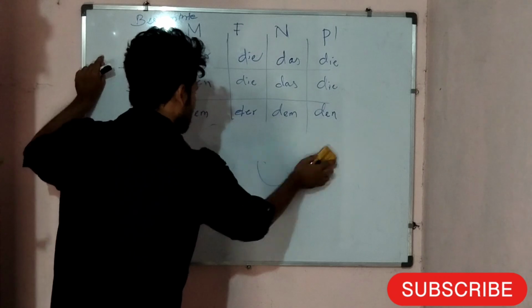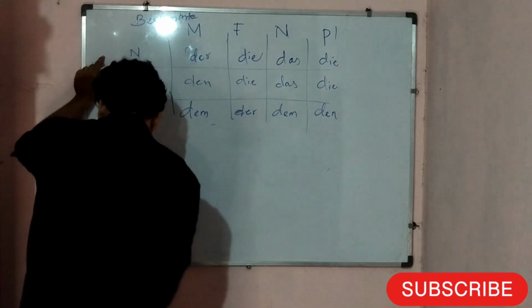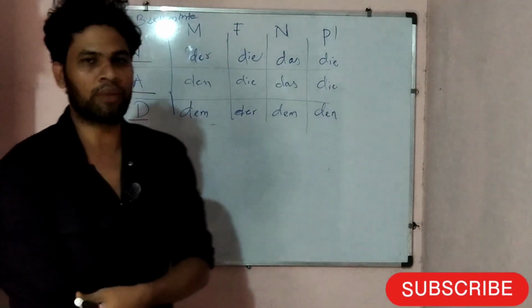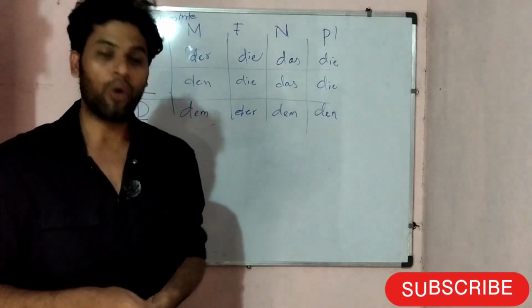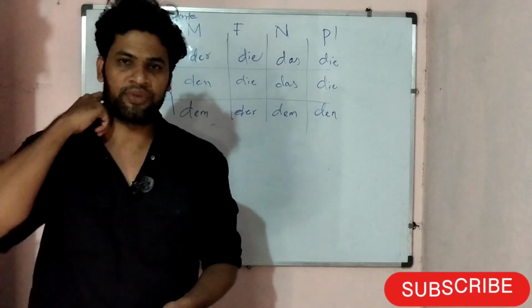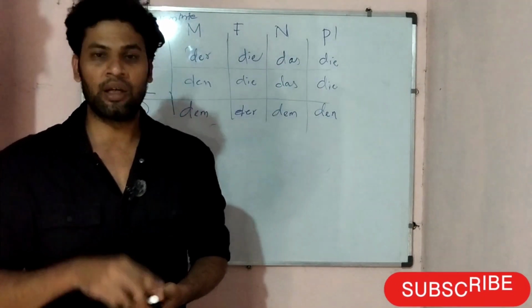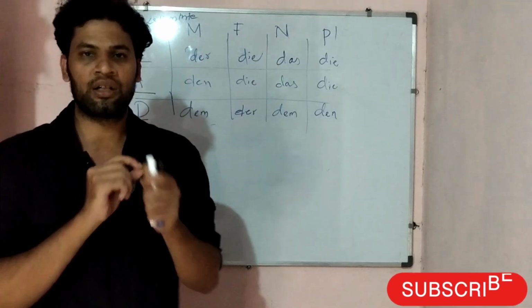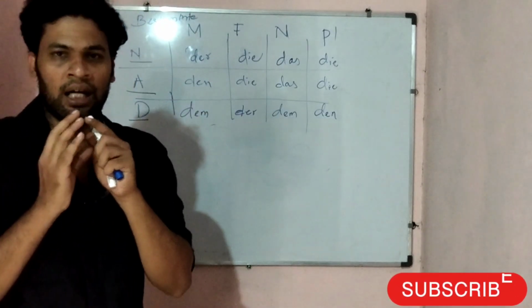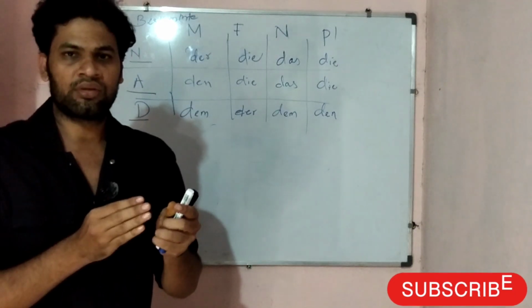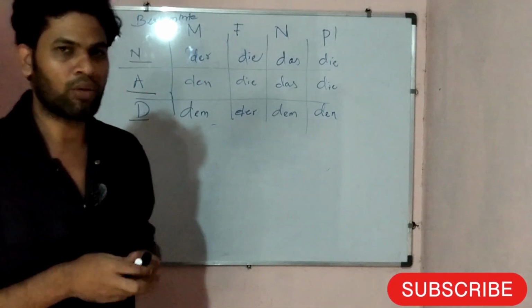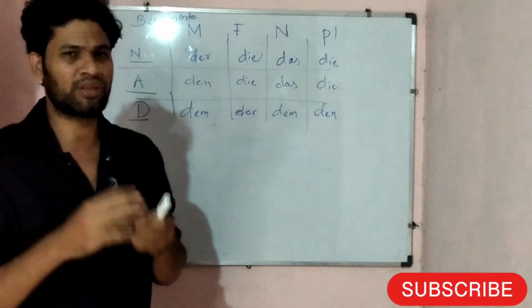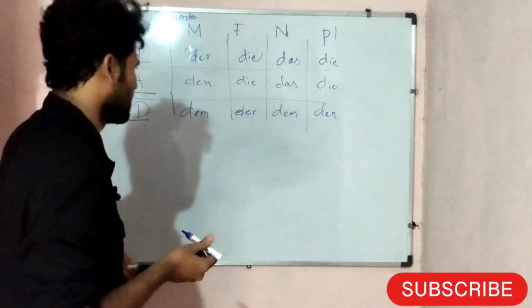In the previous class we discussed the verbs. I hope you remember. If you don't understand, please go and watch my old videos where I have taught the specifications, rules, and exceptions, where you just need to memorize, not very difficult.